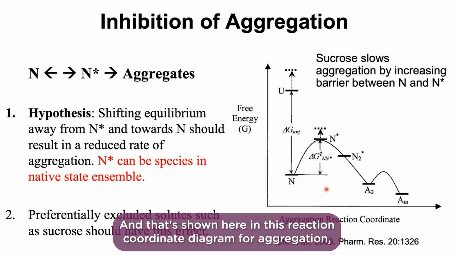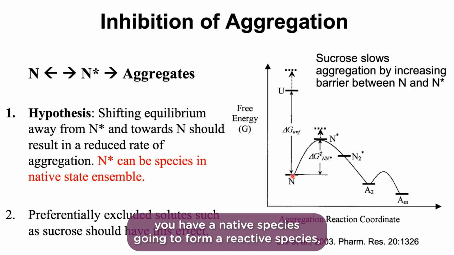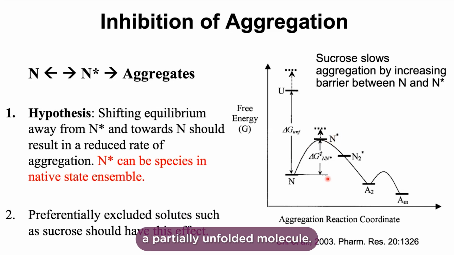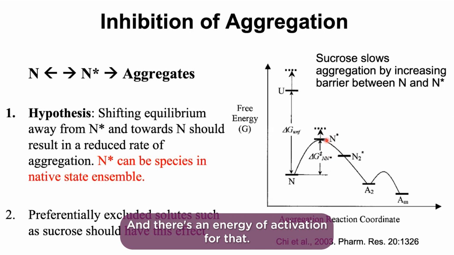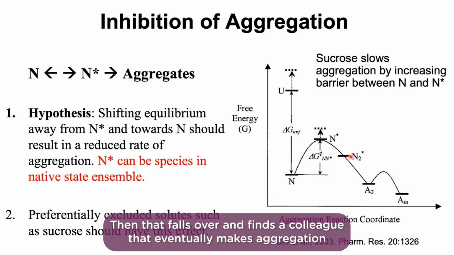And that's shown here in this reaction coordinate diagram for aggregation. You have a native species going to form a reactive species, a partially unfolded molecule, and there's an energy of activation for that. Then that falls over and finds a colleague and eventually makes aggregation.